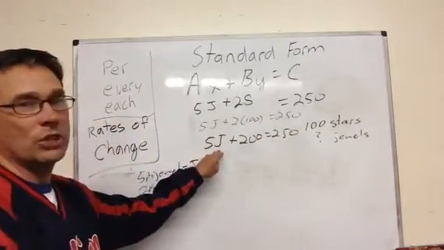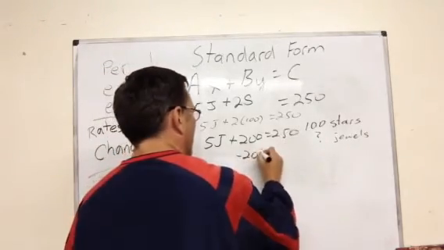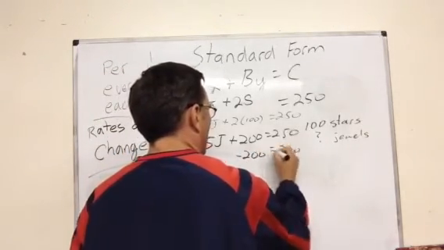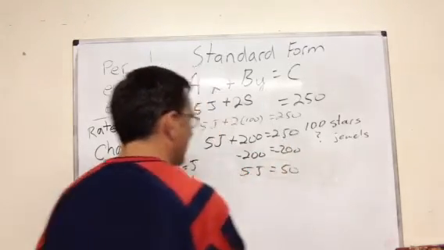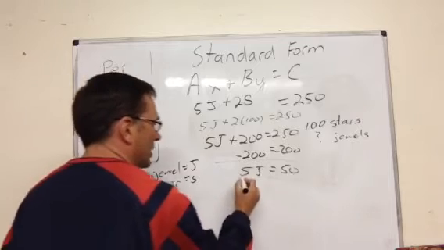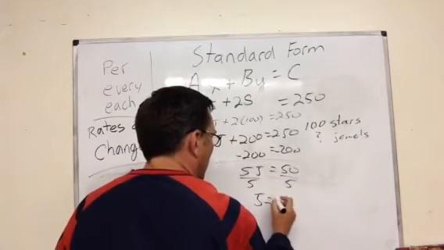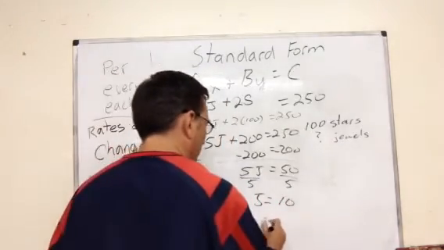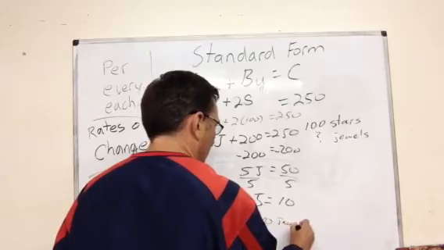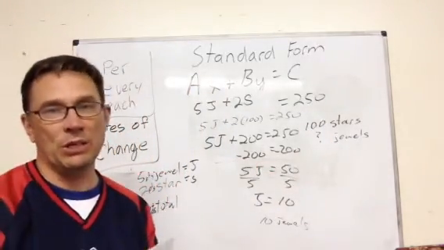Now we have to solve for J. Just like we did before, add our opposites. And we end up with 5J equals 50. The 5 is multiplying J, so we need to divide by 5 on both sides. And we end up earning 10 jewels, which is our answer. We can plug different numbers in here to find out exactly how many of each we need.